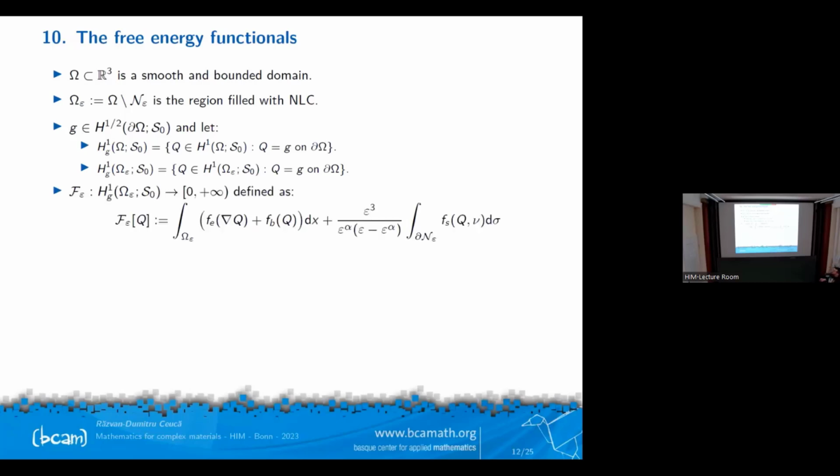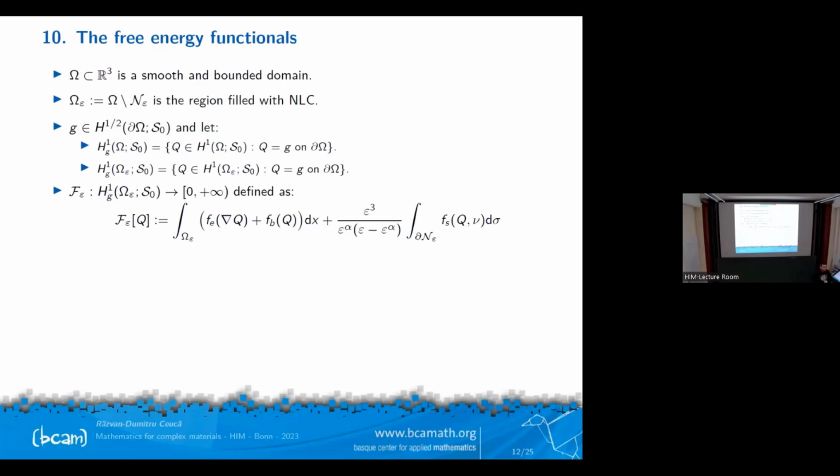So what is the energy that we use? Again, we have 3 components: an elastic energy, a bulk energy, and some sort of surface energy. We have placed in front a coefficient which tries to control the fact that this surface area explodes as epsilon goes to 0. This is not randomly chosen.